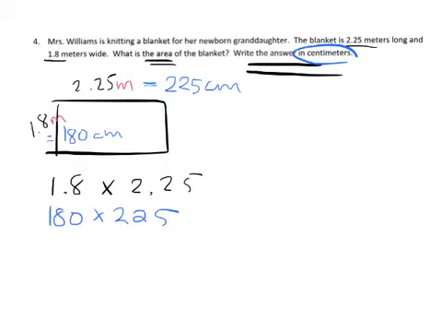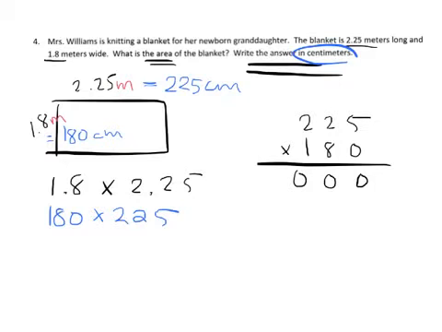And we're going to use the traditional standard algorithm to do that. The first, multiplying by 0, gives us 0, 0, and 0. So now we're going to multiply by the 8, which is really 80. So I'm going to put the 0. And 8 times 5 is 40. 8 times 2 is 16, plus 4 is 20. Carry the 2. And then 8 times 2 is 16, plus 2 is 18.